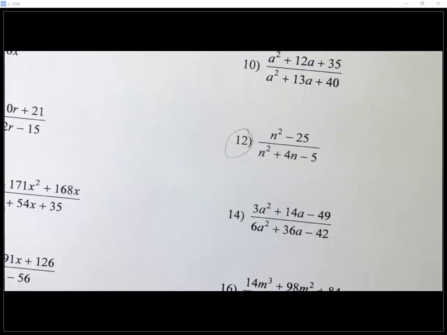You have an answer? So it's n minus 5 over n minus 1. That sounds right. I don't have the key in front of me, but at a quick glance, that sounds right.